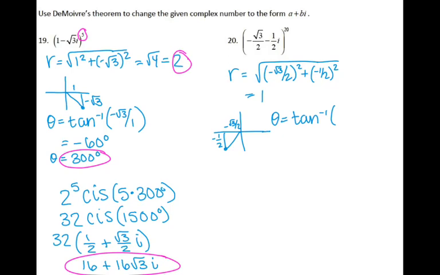So inverse tangent of negative 1/2 over negative root 3 over 2. Be careful when you're plugging this into the calculator. That gives me 30 degrees, which in standard position is 210 degrees, which I think is what I said.